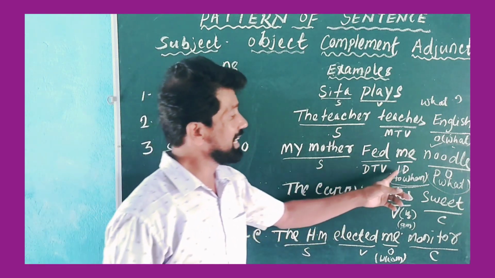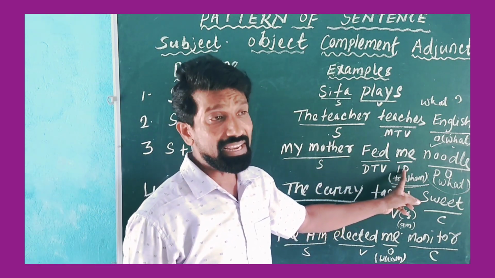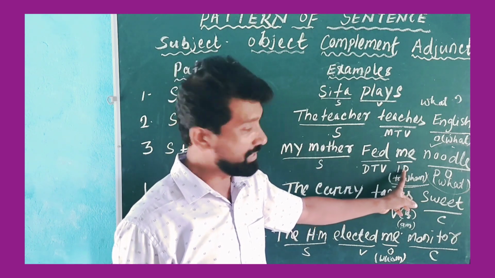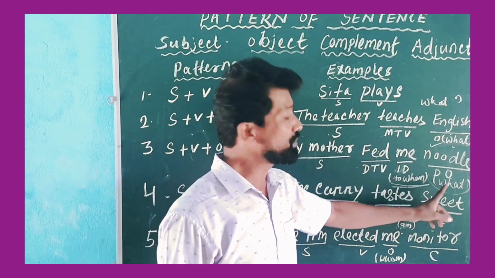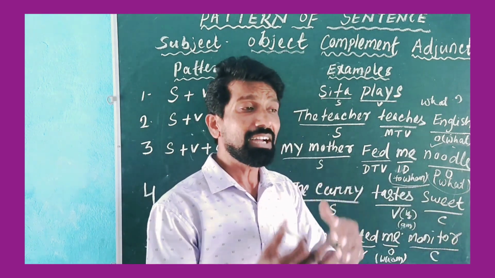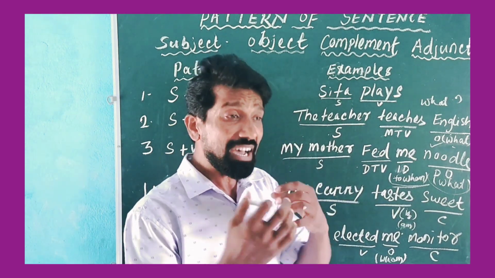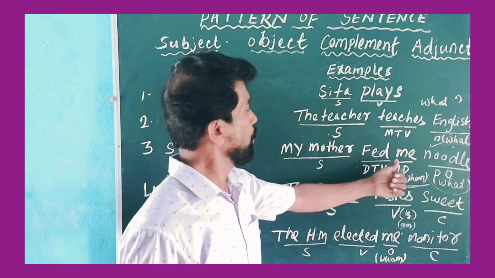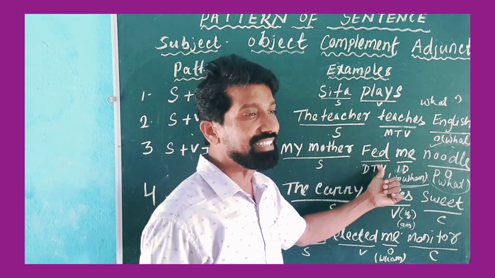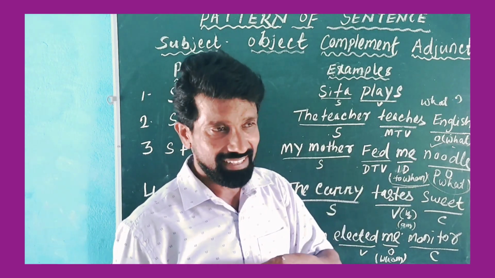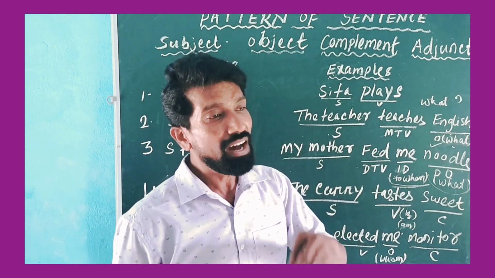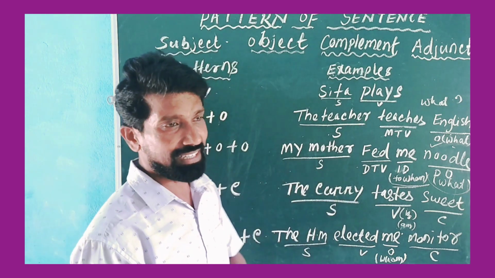But here is an indirect object. Me itself is an indirect object and noodle is a direct object. If you ask the question what, the answer that comes is the direct object. If you ask the question to whom, suppose whom did the mother feed? The mother fed me. Here me itself will be an object. It's an indirect object. Understand?